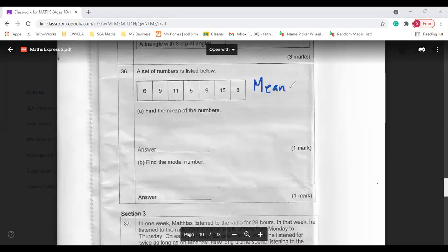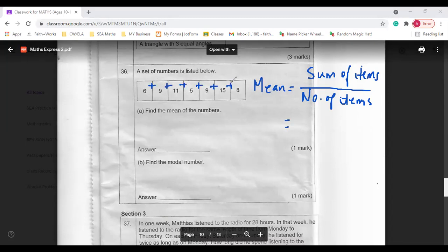So the mean is the sum of all the numbers, or let's say the sum of items, divided by the number of items.